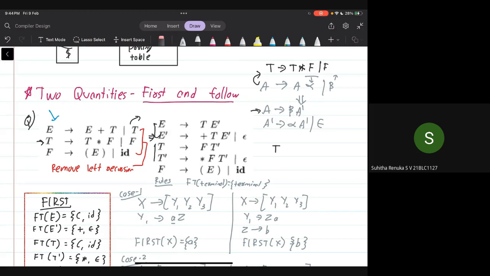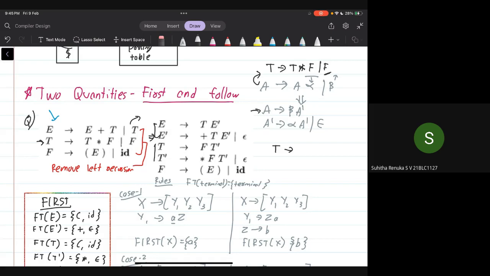A is T. What is your alpha? Alpha is star F. And what is your beta? F.